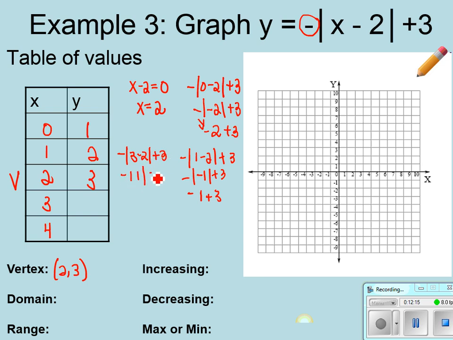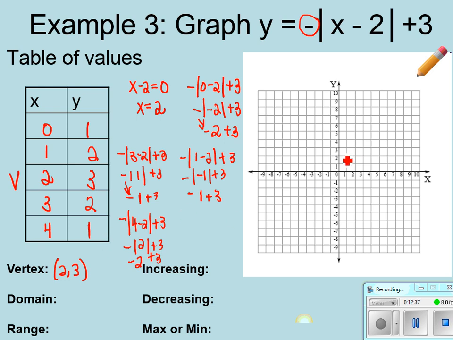The absolute value of 1 is 1. And negative 1, bring the negative down. Negative 1 plus 3 is 2. And then negative absolute value of 4 minus 2 plus 3 is absolute value of 2, which is 2. Bring down the negative. Add the 3, and you will get 1.